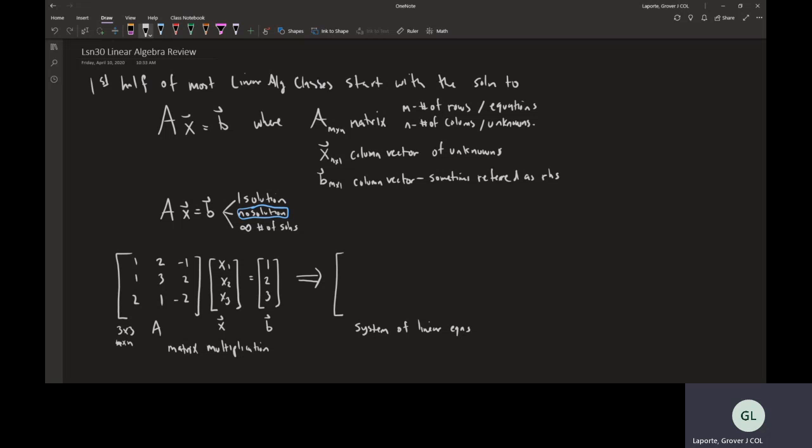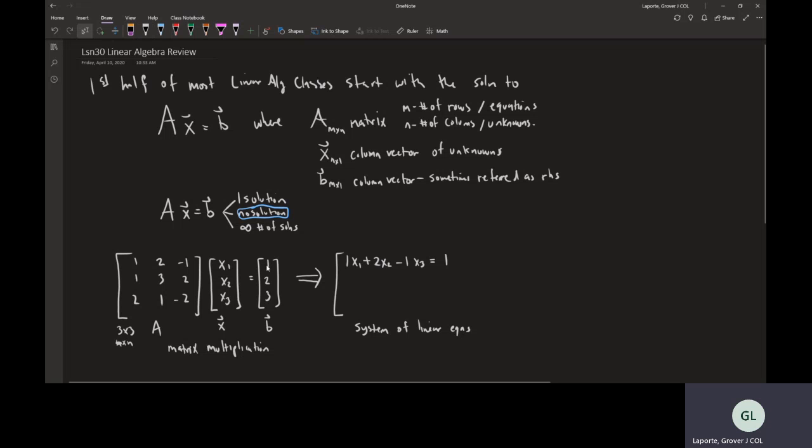And all we do is multiply this thing out. So it's just 1x1 plus 2x2 minus 1x3 is equal to 1. That'd be the product of multiplying this row by this column and setting it equal to that number.